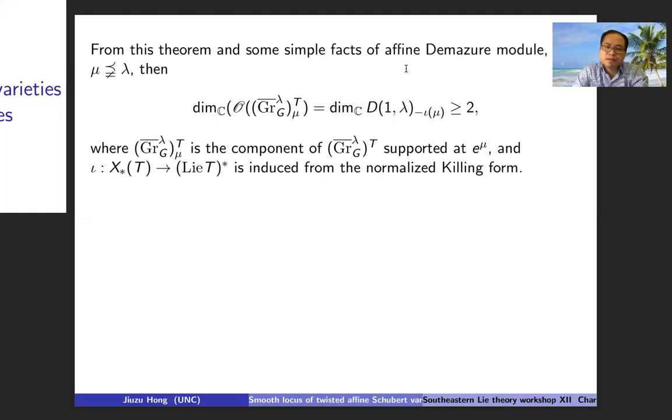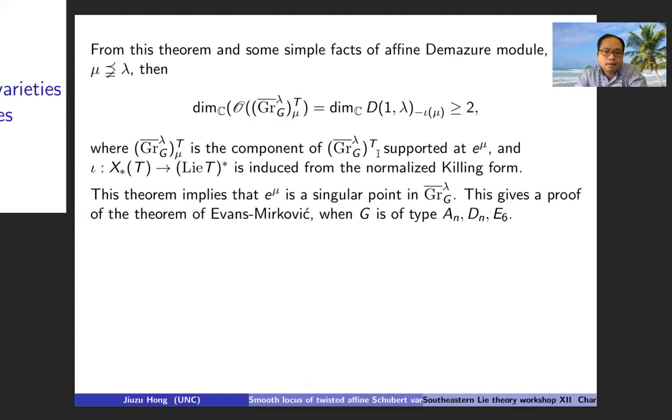By pretty simple affine Demazure module theory, this dimension will be greater than 1. And since the underlying reduced structure consists of a finite set, but the dimension of this scheme is greater than 1, it means this point will be a singular point. Okay, this is what I'm trying to say. The theorem implies that e^{mu} is a singular point, and it gives a proof of the theorem of Ivan Mirkovic when G is of type A, D, E6.